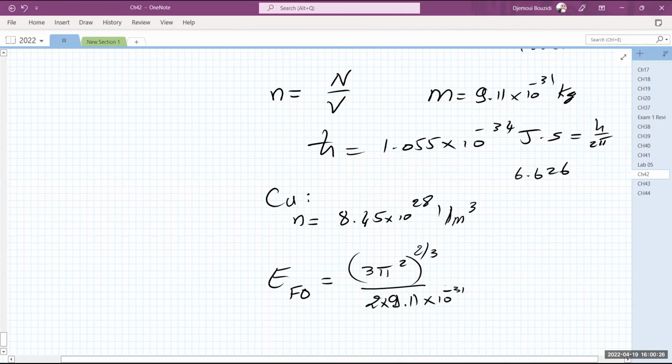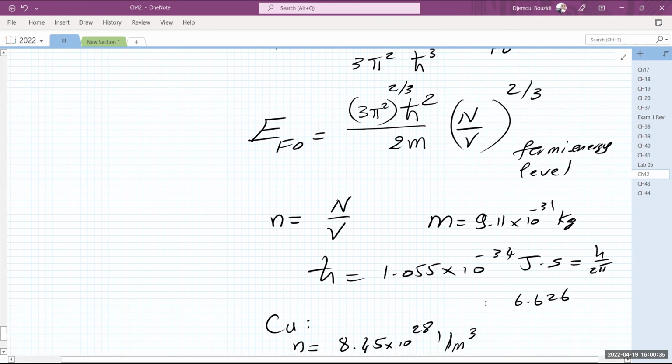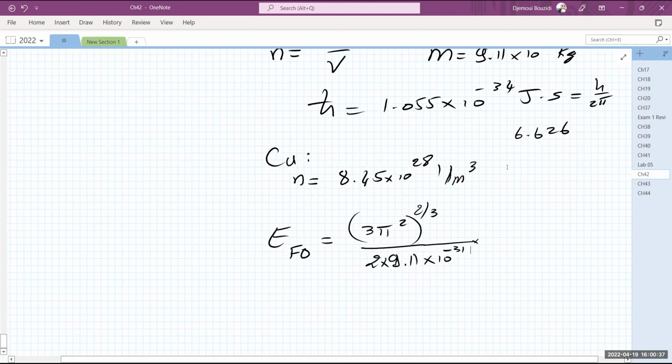Here is another point. This Fermi energy level depends on the charge carrier's mass, which is kind of interesting. The smaller it is, the higher this value is. And then times this density, that's really the point, times this 8.45. Oh, I forgot ħ, which is 1.055 times 10 to the negative 34, the whole thing squared.